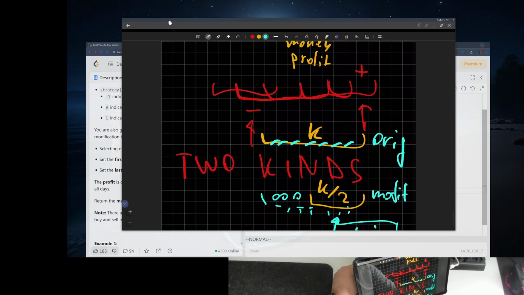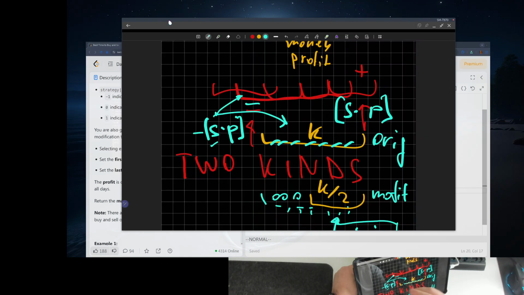And for this window it's more tricky because each day has a strategy. So we do strategy times price on each day, and when we do the minus, we also do minus strategy times price on that day.